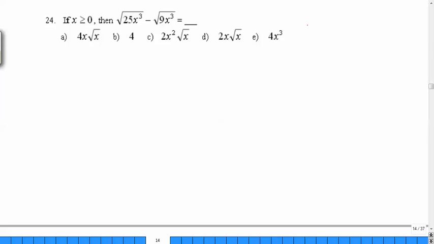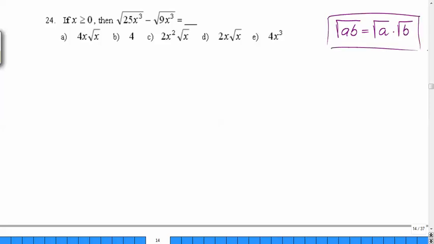If you guys remember, the first and basic law of radicals is that if you have the square root of a times b, the square root of a product, then this is equal to the square root of a times the square root of b. And many of you will see where I'm trying to take you from here, right?